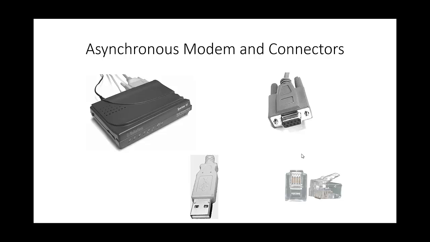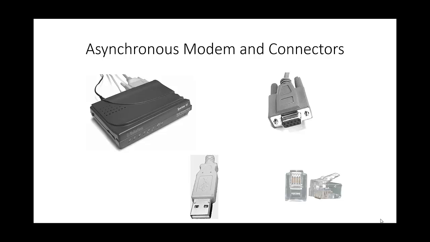Asynchronous modems typically use a cable with two DB9 connectors, one male and the other female. The female end, shown on the top right hand corner of this slide, connects to the PC, while the male end connects to the modem. The PC connector can also be a USB connector, as shown on the slide at the bottom middle, obviously your standard USB connection.